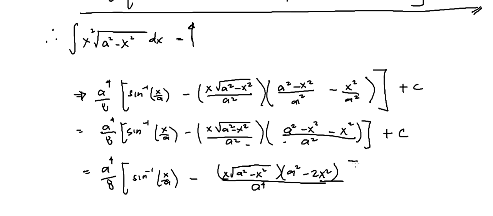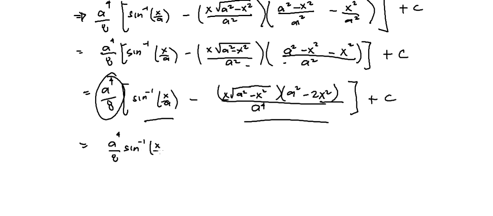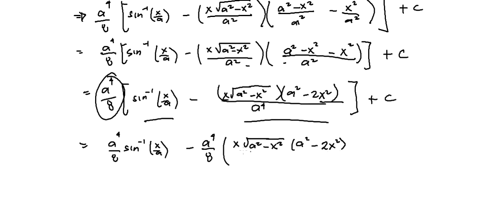Then our plus c. Can we further simplify this? Let's multiply both terms by a to the 4. So we have a to the 4 all over 8 arc sine x over a minus a to the 4 all over 8 multiplied by x square root of a squared minus x squared by a squared minus 2x squared all over a to the 4 plus c.